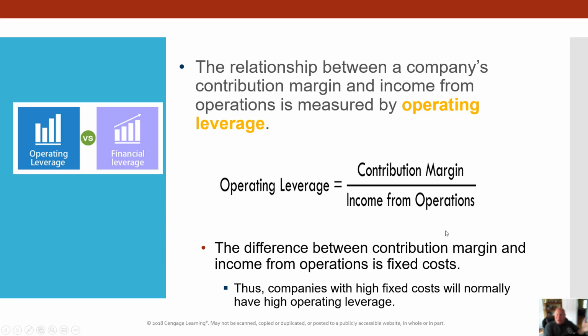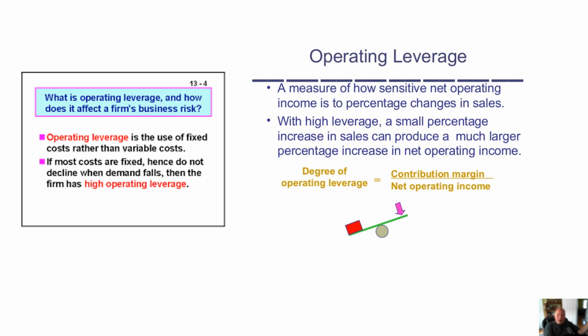The difference between the contribution margin and income from operations is fixed cost. So thus, companies with a high fixed cost will normally have a high operating leverage. And when we look at that, it's how we are looking at fixed costs versus variable.